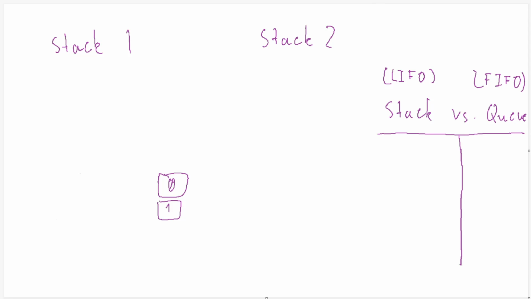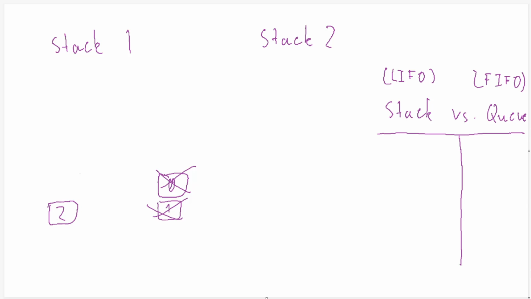Say we push 2, but then we want to pop. All we have to do is look at our second stack and see that there are still values left to be popped. So we pop them off before we even have to touch this. That's basically all you need to know for implementing a queue with two stacks. We'll go over the actual implementation right now.